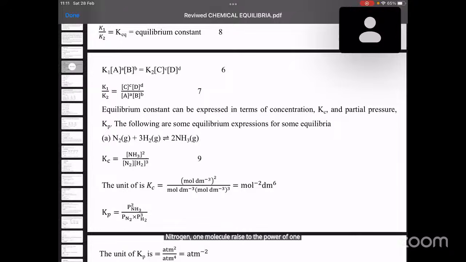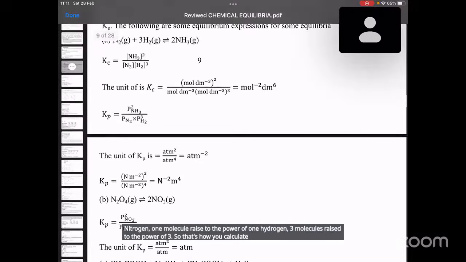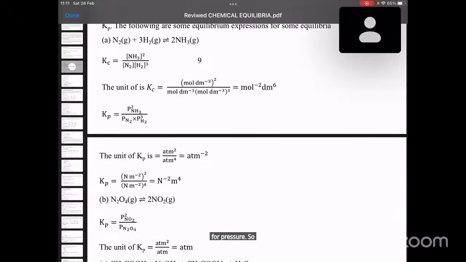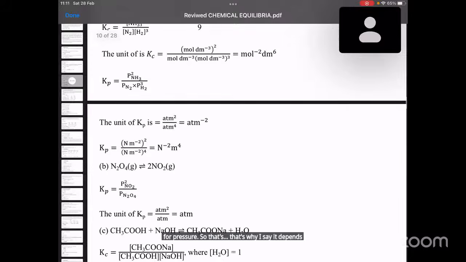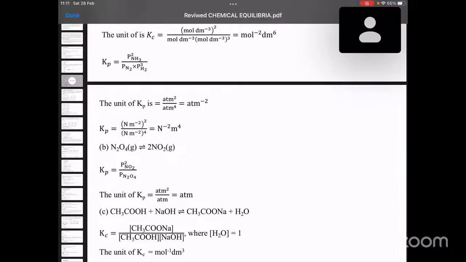Hydrogen, 3 molecules, raised to the power of 3. So that's how you calculate the concentration. And for pressure, you're no longer using mole per dm cube; now you're using atmosphere. So that's why I said it depends on the parameters you use to calculate and the nature of that reaction itself.